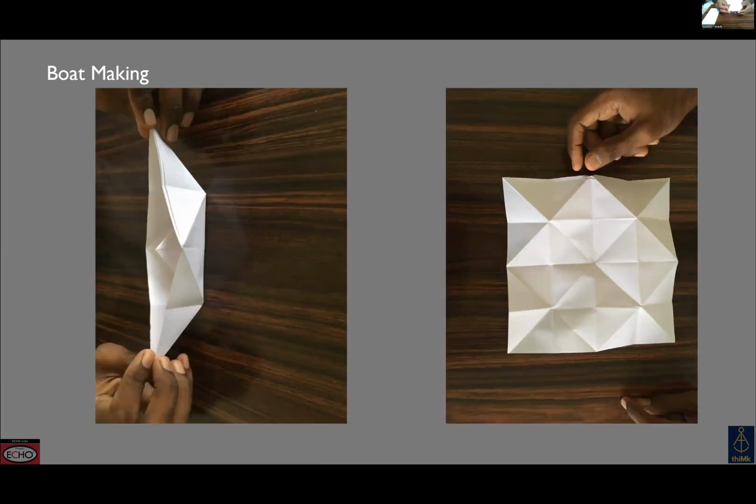Now we unfold this whole thing. Go back to the first place and start unfolding it carefully. So we all have as many small pieces there. So now we can choose any piece, and we'll choose this one.